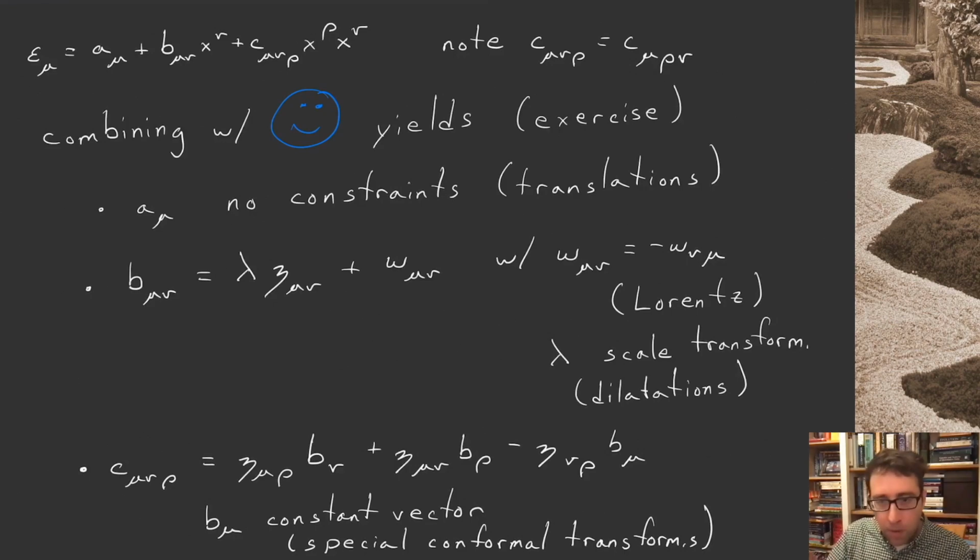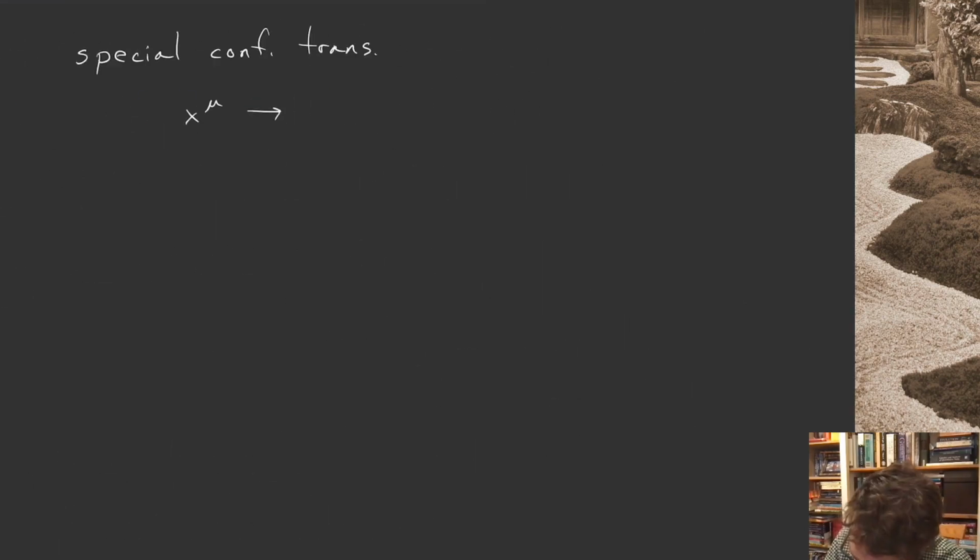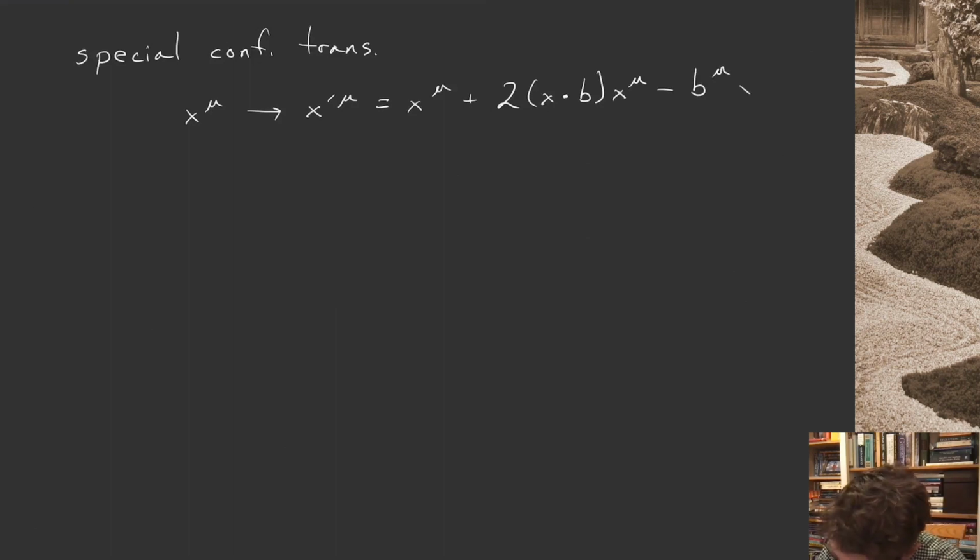Let's try to put a little bit more meat on this. Let's write out explicitly what this special conformal transformation looks like when it acts on a coordinate. It will send x mu to x prime mu, following the rule that we had on the previous page. So that's x mu plus 2 times x dot b, x mu minus b mu x squared, for some infinitesimal vector b.